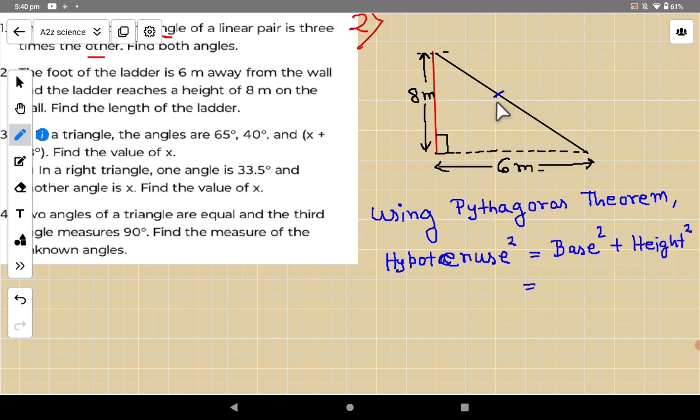So we have to find the hypotenuse. That means the length of the ladder is the hypotenuse of this right triangle. So we have base 6 meters and height 8 meters.